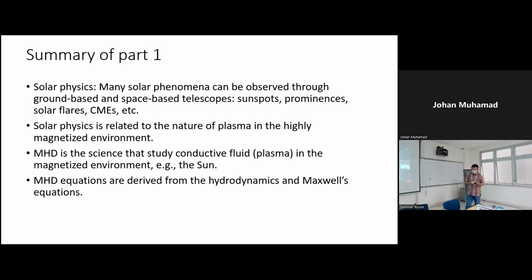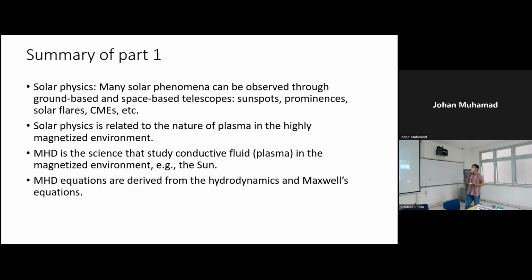But not always, because not every CME comes to Earth. You know that interplanetary space is very large and the Earth is very small. So the opportunity that a CME comes to Earth is not 100%.